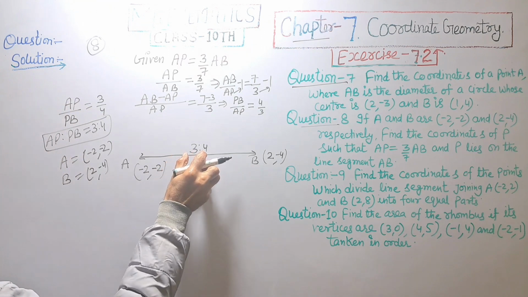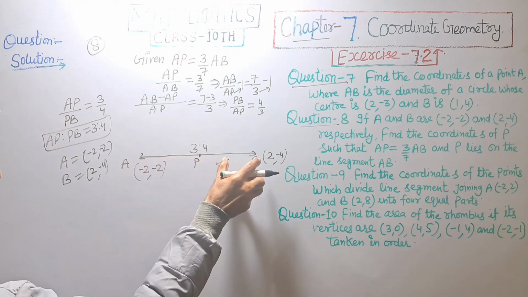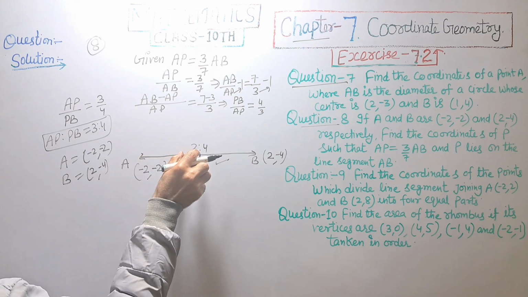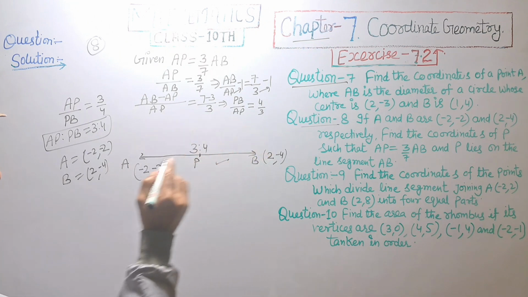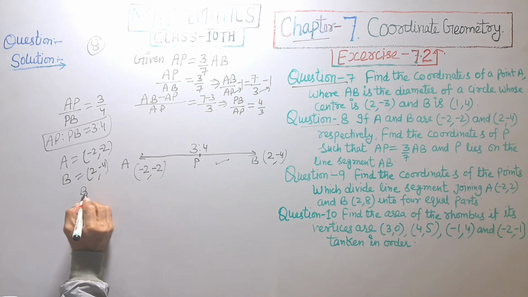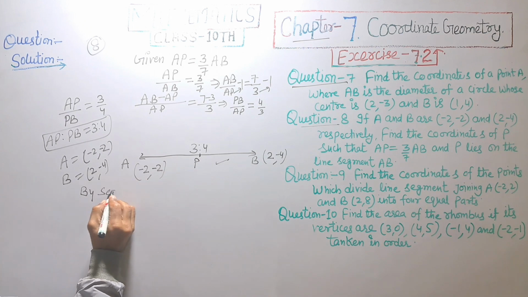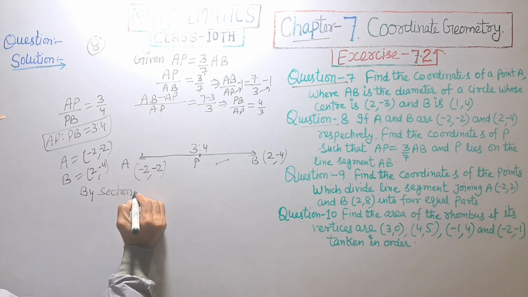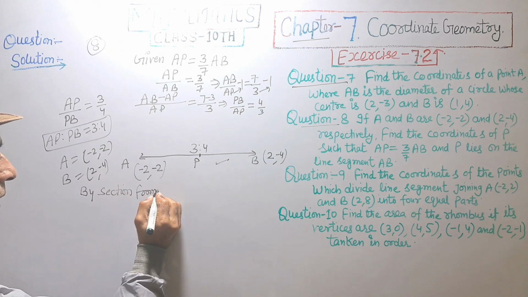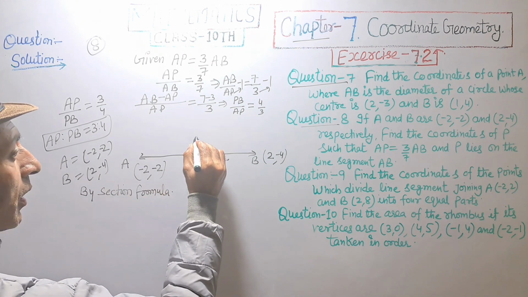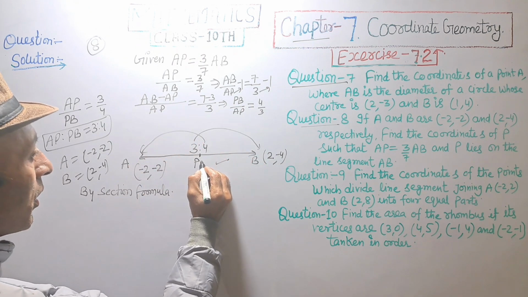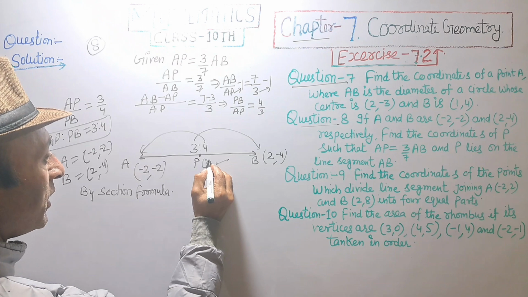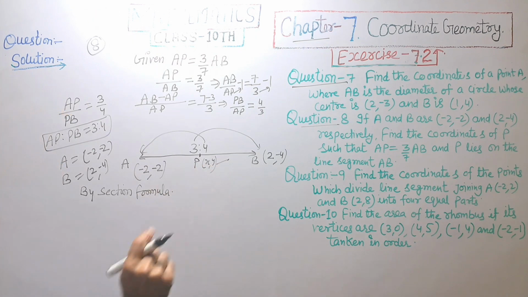And the ratio AP upon PB is equal to 3/4. So by the section formula, we find the coordinate points of P, (x, y).